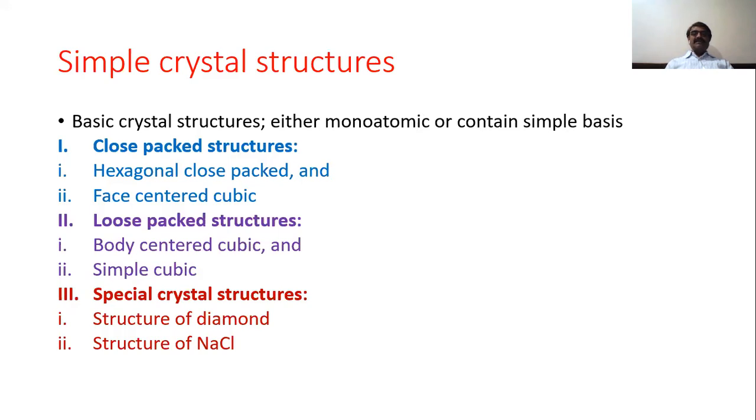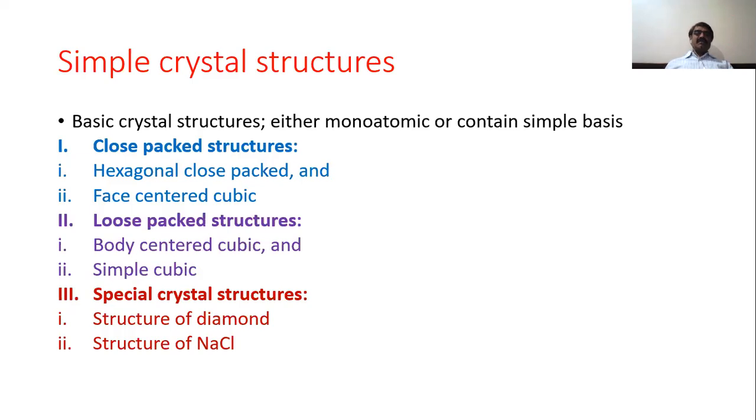The second type is loose packed structures, and these are again of two types: body centered cubic and simple cubic, BCC and SC. And there are two special types of crystal structures we have to study: the structure of diamond and the structure of NaCl.